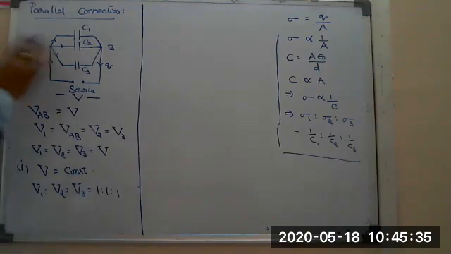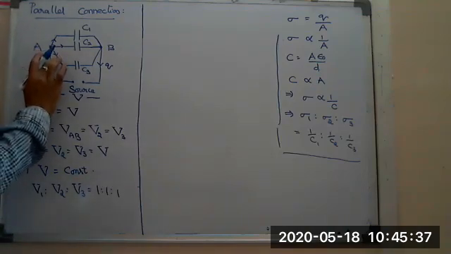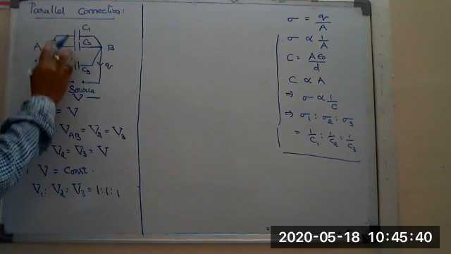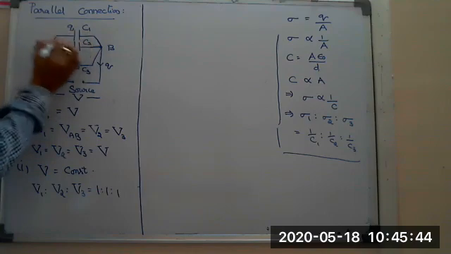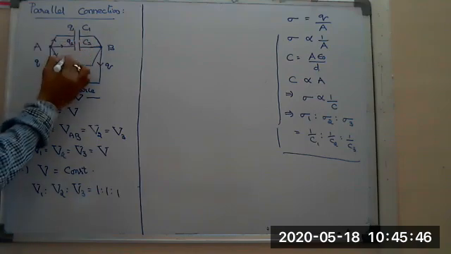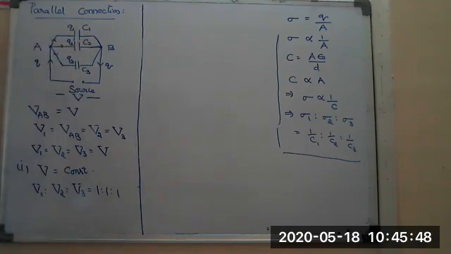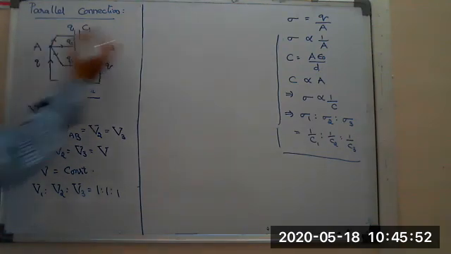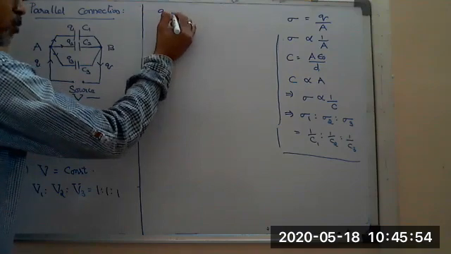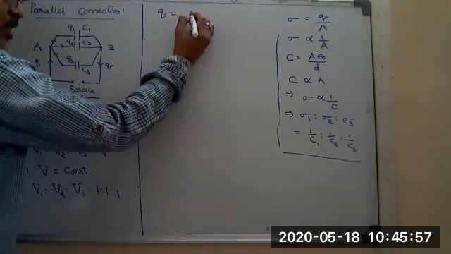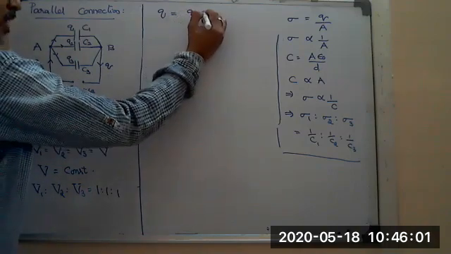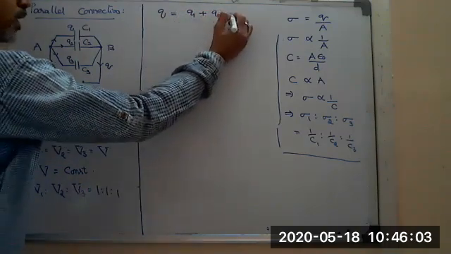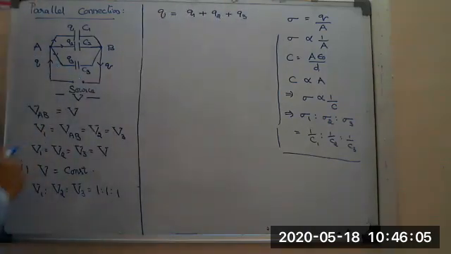Suppose across the first I am getting Q1, second Q2 and third Q3. The total charge supplied by the cell is split, neither lost nor gained, across the three capacitors as Q1, Q2 and Q3.